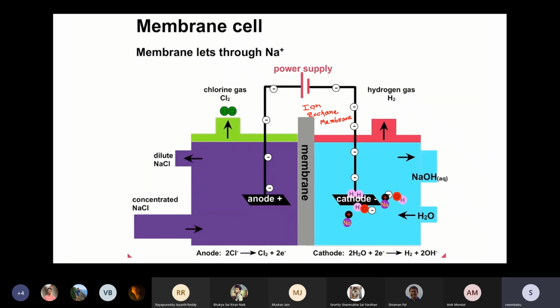For example, if we take a nitrocellulose membrane or any cellulose membrane, I'm just giving an example.